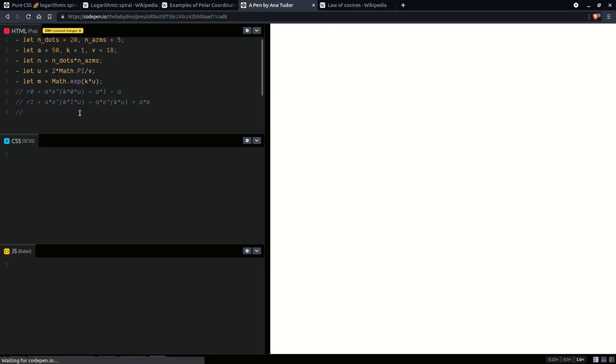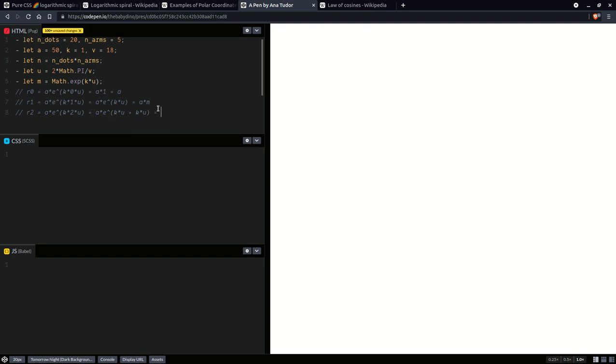Now for the third one, it is going to be a times e raised to the power k times 2 times u, and this can be written like this. It can be written as a times e raised to the power k times u plus k times u, because this is 2 times k times u, okay?